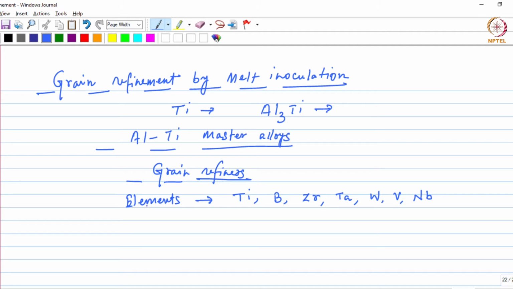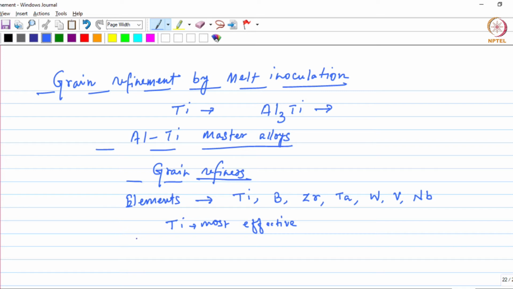And out of all this, titanium has been found to be most effective. And that is why this is the most commonly used grain refiner. As I said before, it is used in the form of aluminium titanium master alloys.